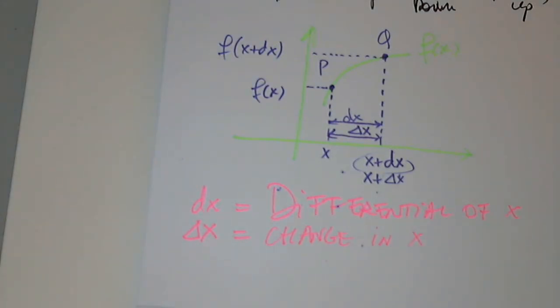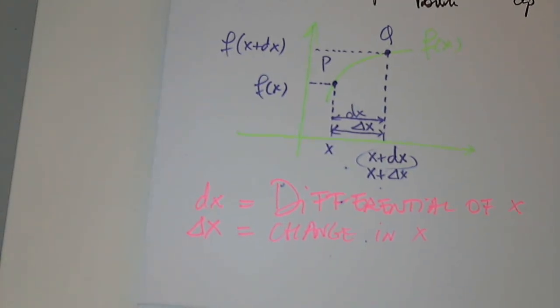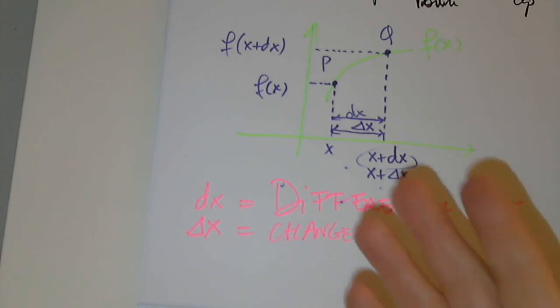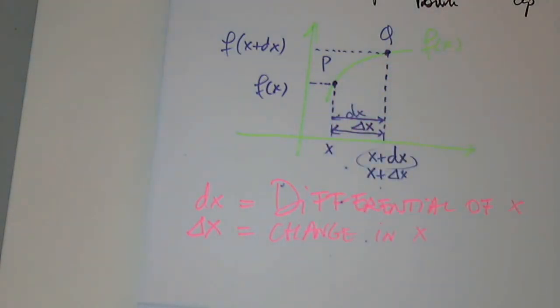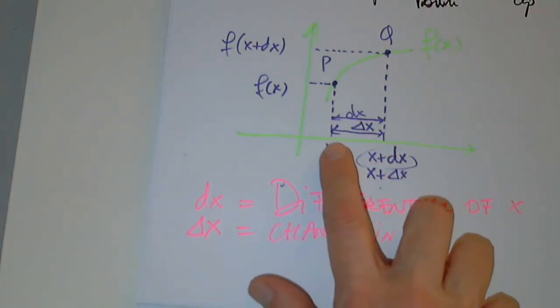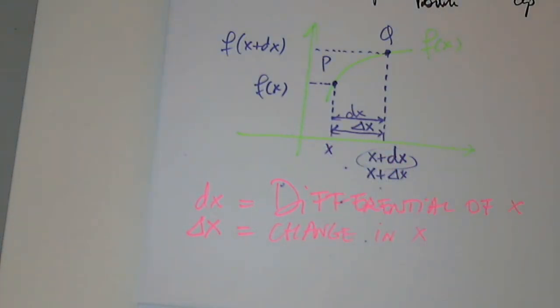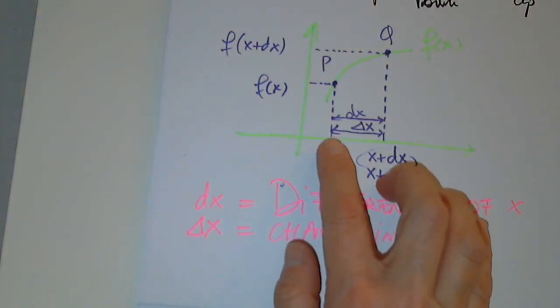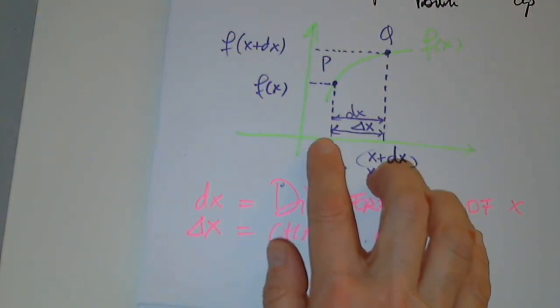They are the same. So we have a function, whatever you wanted it to be. Let's say it's the area of a disk. But we have a minor error in the radius. So the radius is not always 10 centimeters. It could be 10 centimeters plus a little bit or minus a little bit.